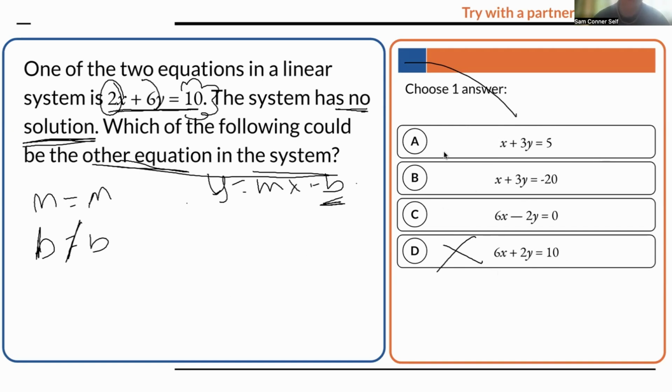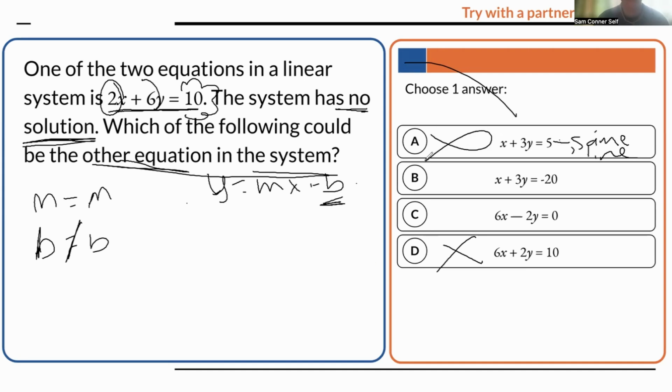I saw people say A in the chat, and it's actually not going to be A, because A is going to give us the same line. And we know this because if we divide the equation they give us by 2, it's going to give us this equation, which would make it the same line.